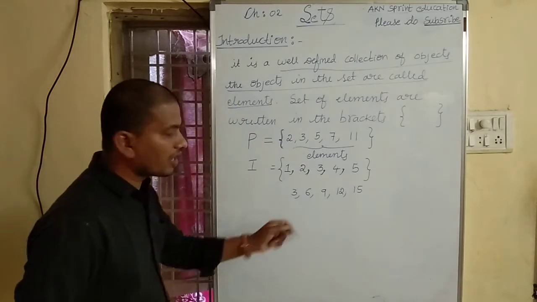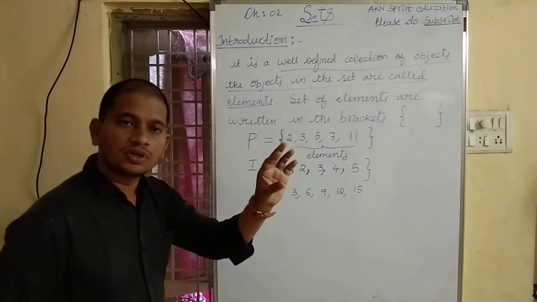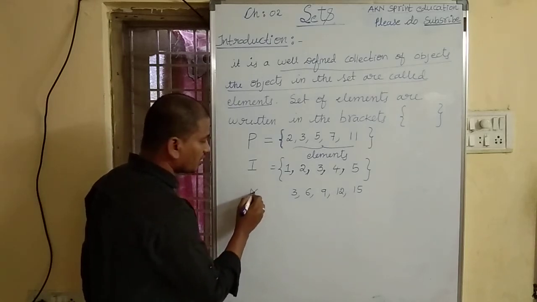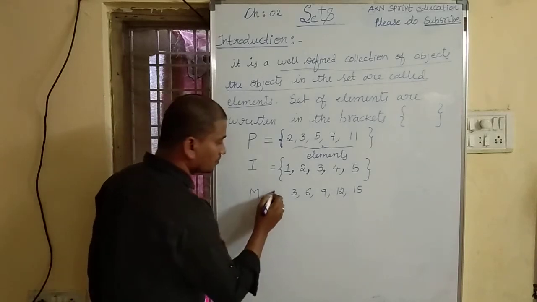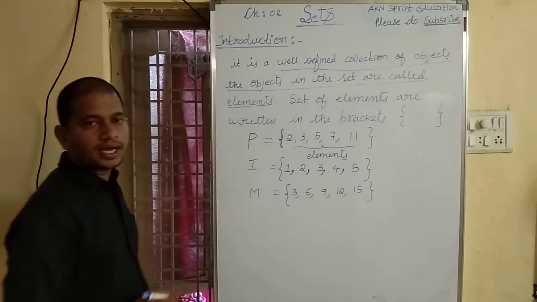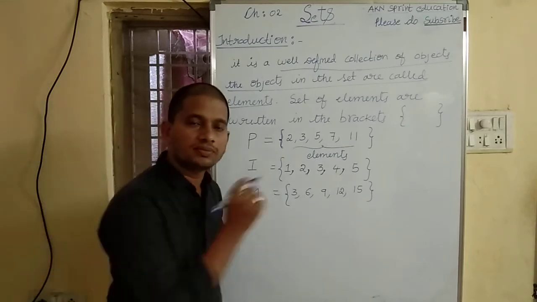These are the first 5 multiples of 3. Let me represent it with the letter M. M equal to set of 3, 6, 9, 12 and 15.